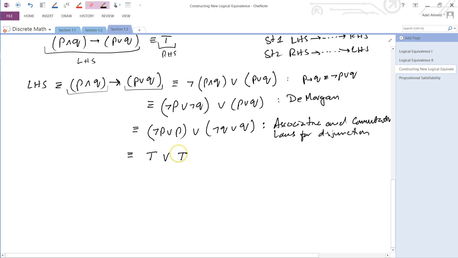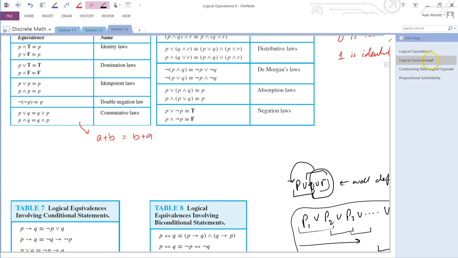This is from the negation law, or you can just write that not P or P is always true. This is what we have used for this, and we end up with true or true is always true, and this is by the domination law.